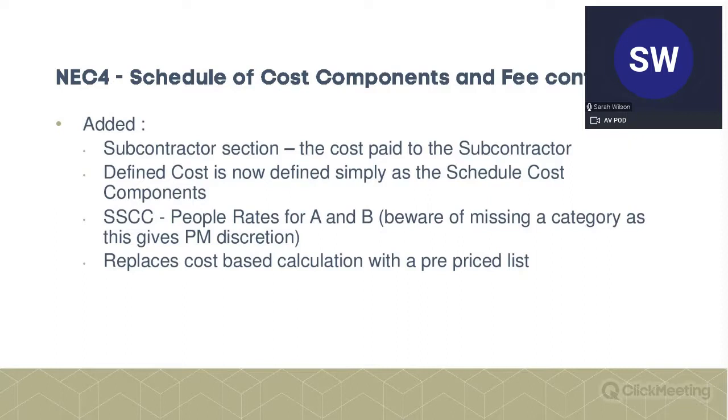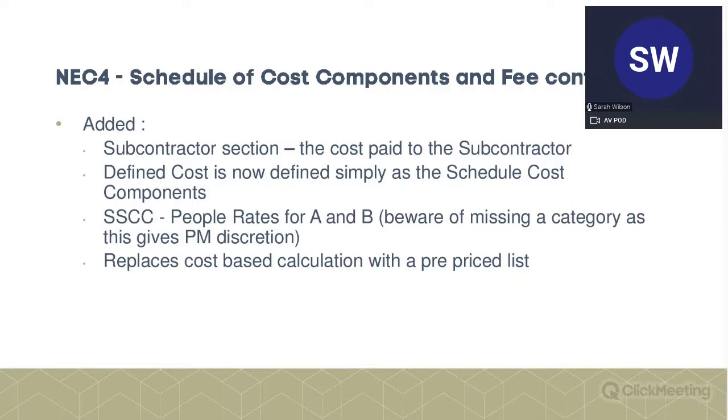I would like to see it in the schedule of cost components. Also, there's nothing to stop you putting it in as an amendment, but be super careful when you're amending that you don't cause yourself more problems by not doing it properly.